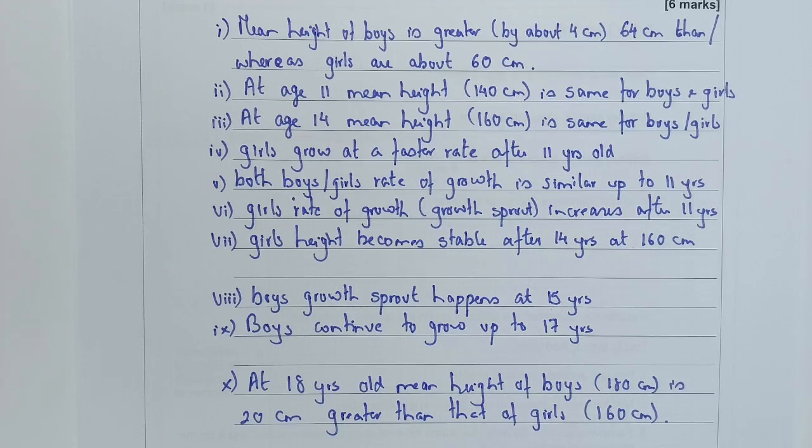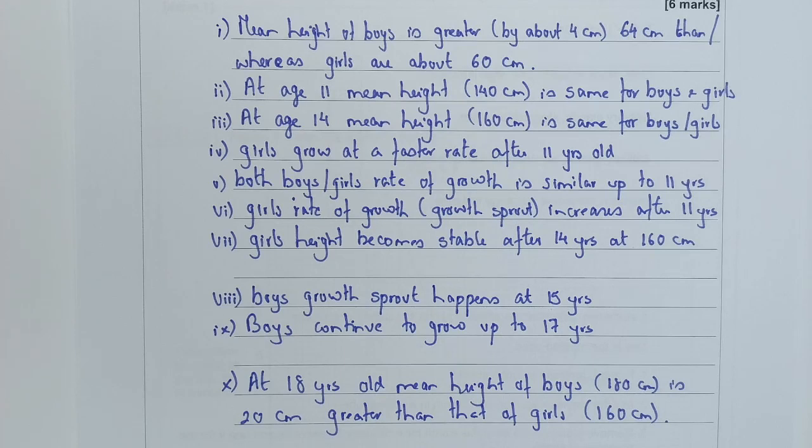Point 4, girls grow at a faster rate after 11 years old. Point 5, both boys' and girls' rate of growth is similar up to 11 years old. So remember, in the graph, both the lines follow a similar pattern up to 11 years old. And point 6, girls' rate of growth or growth spurt increases after 11 years old, and the girls' height becomes stable after 14 years at 160 centimeters.